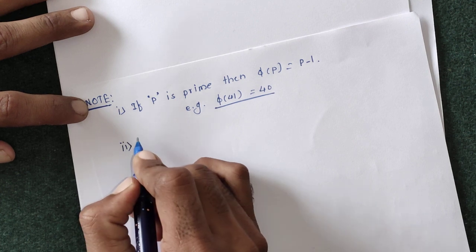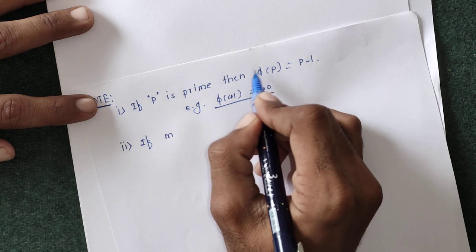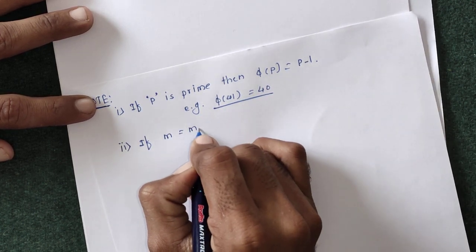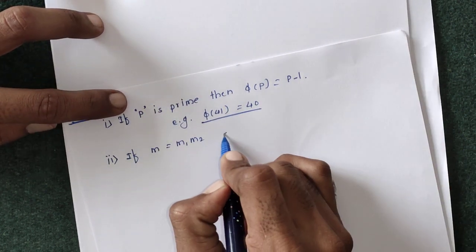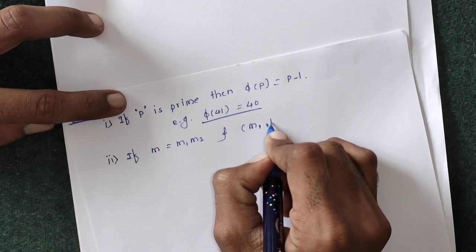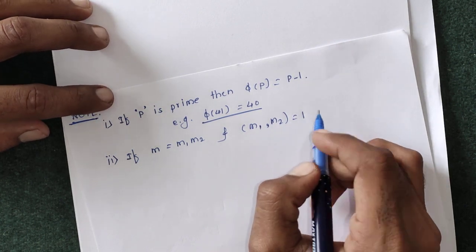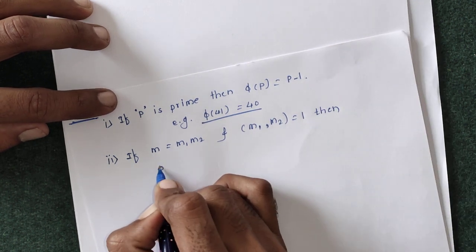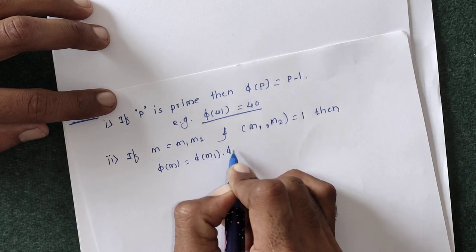Now the second note is, if m, the number m whose phi we are going to find, is a multiple of two numbers m1 and m2, suppose m is equal to m1 into m2, and the most important condition here is GCD of m1 and m2 is equal to 1, greatest common divisor of m1 and m2 is equal to 1, then phi of m is equal to phi of m1 into phi of m2.